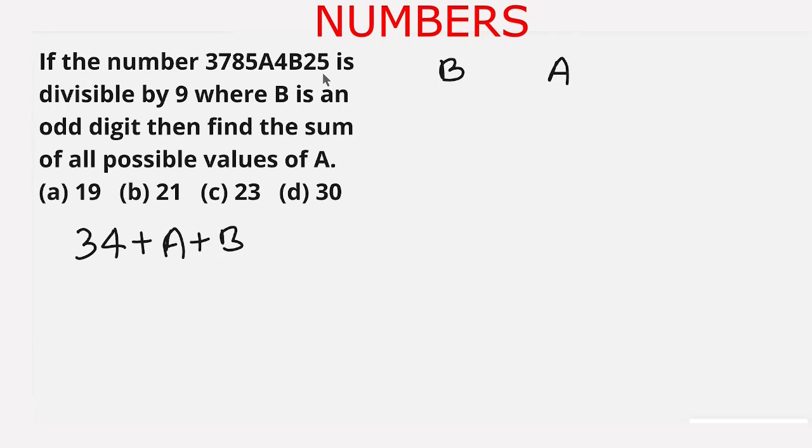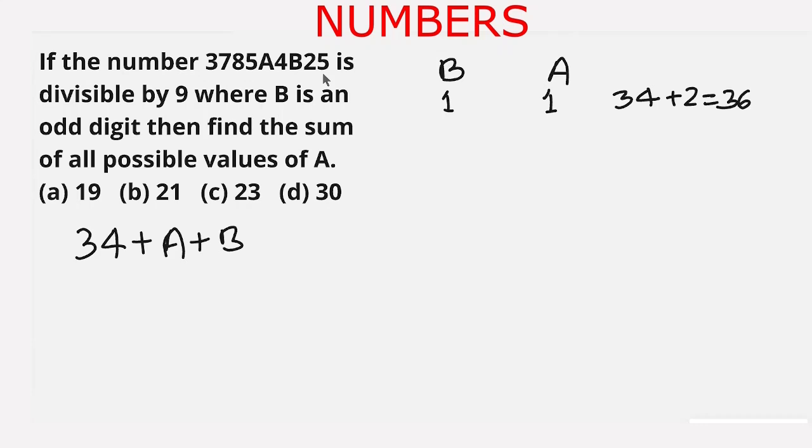If we put the value of B equal to 1, then A can be 1 so that 34 plus 2 equal to 36, which is divisible by 9.